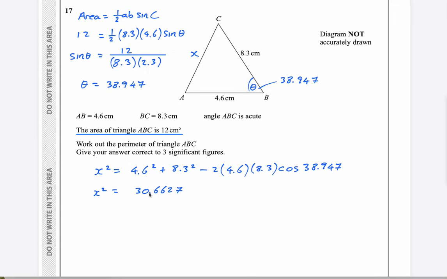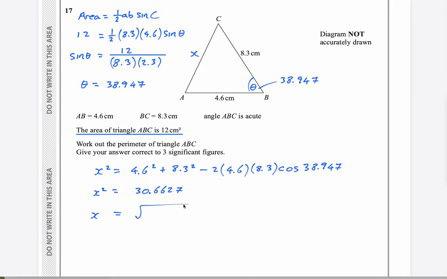Now, a very common mistake, guys, is to just leave this. But I always say, look at your answer. Does it look like this could be 30.66 when these two sides are so small? No, it cannot. And that is because this is x squared.